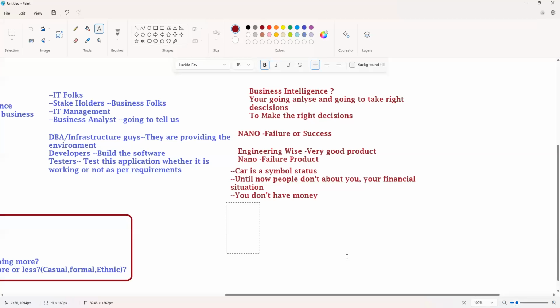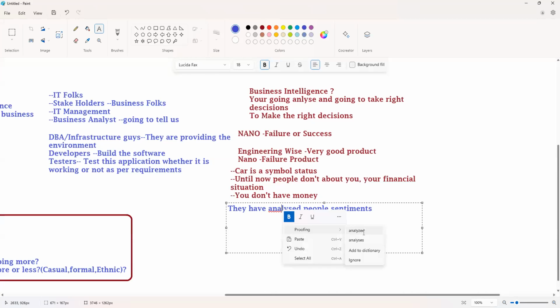But what did they fail at? Tell me, what is the important thing they have missed? They have not analyzed people's sentiment. Am I right or not? If they could have analyzed people's sentiment, would they have gone with that?